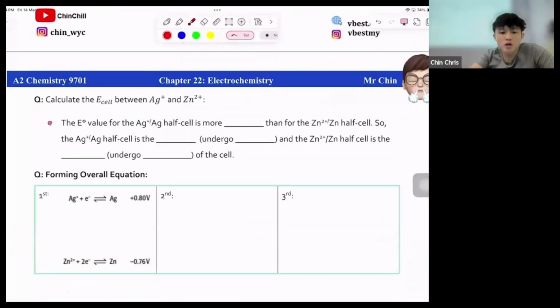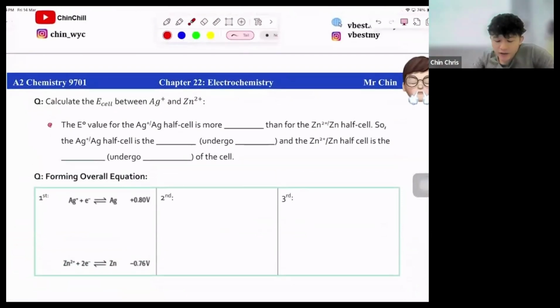Alright guys, next page. So I can say that the value between Ag plus and Ag half cell is more positive. So when the Ag half cell is more positive, the Ag half cell is the cathode, because cathode is reduction. More positive always undergoes reduction, and it's the cathode.